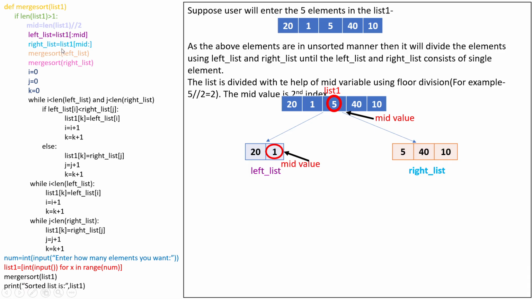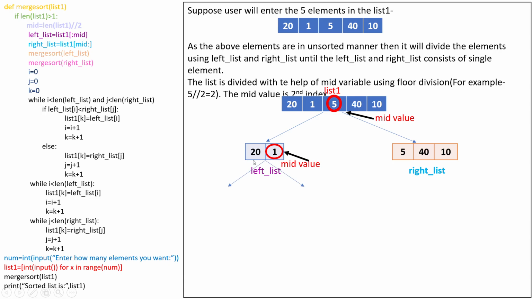Okay. Now next line, left list and right list. Again, this left list will get divided into a left list and a right list. The left list will consist of elements from the starting position till before the mid position. Now the starting position is the 0th index, and before the mid is also the same.